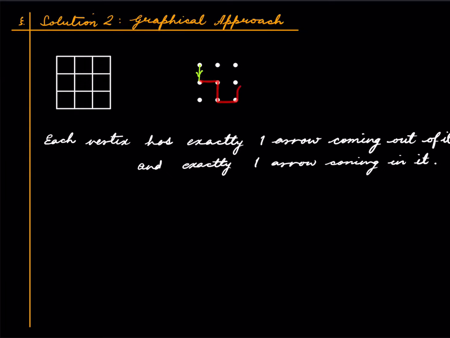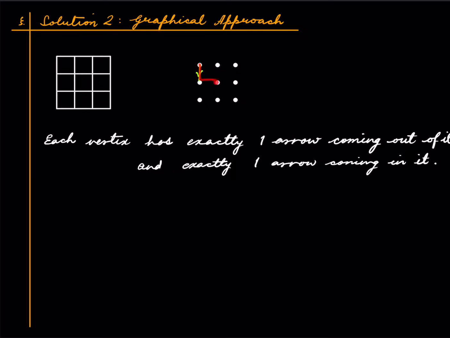Now it cannot be some intermediate vertex, because if this were the case, then this vertex has this arrow coming in and that arrow coming in, so it will have two different arrows coming in. And that's not what's happening. Exactly one arrow comes in and exactly one arrow comes out. So we will reach back to a vertex that we have already visited, and that vertex has to be the starting vertex. So wherever we start, we will ultimately close back to it.